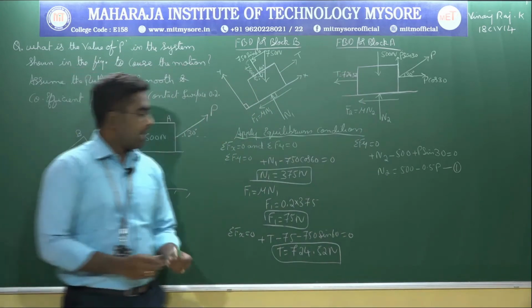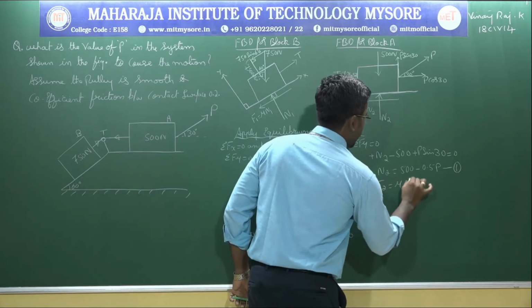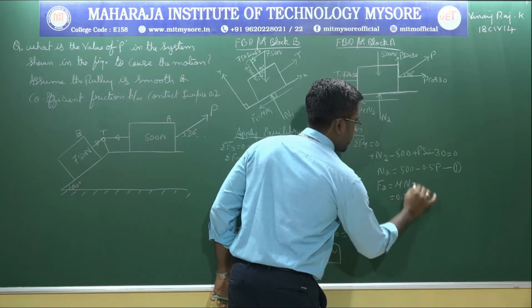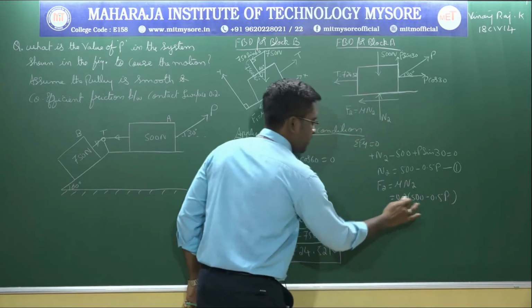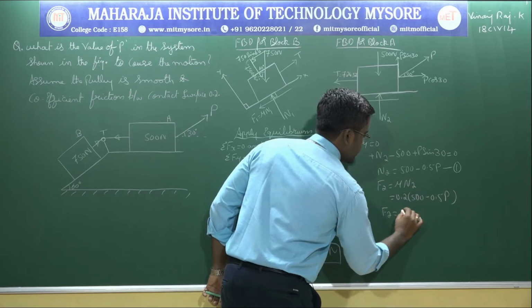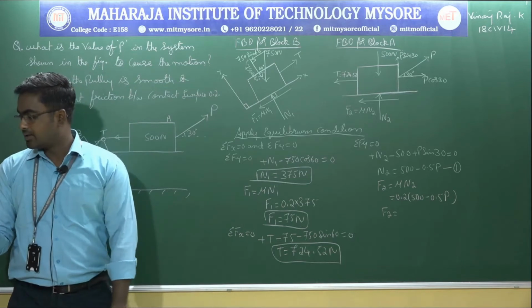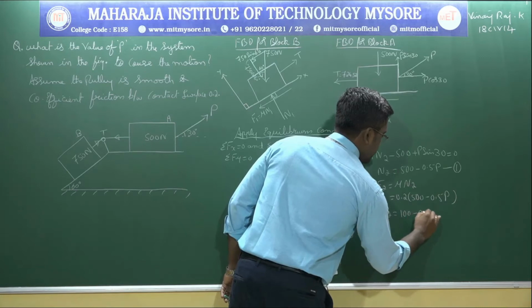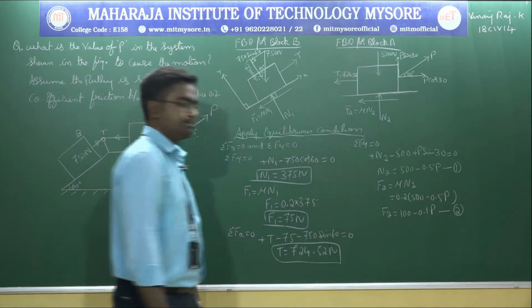Now let us apply the next condition, that is F2 is equal to mu times N2, and here mu is 0.2 times N2, that is 500 minus 0.5 times P. If you multiply by 0.2, F2 will be 0.2 into 500, that is 100, minus 0.1 times P, call it equation number 2.